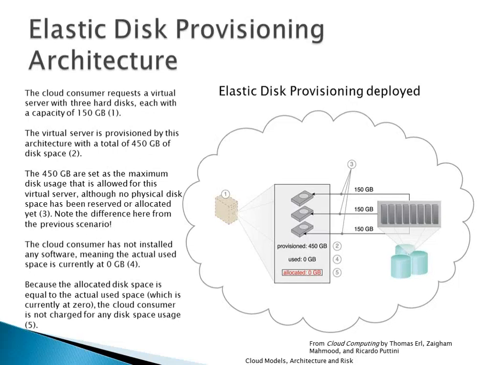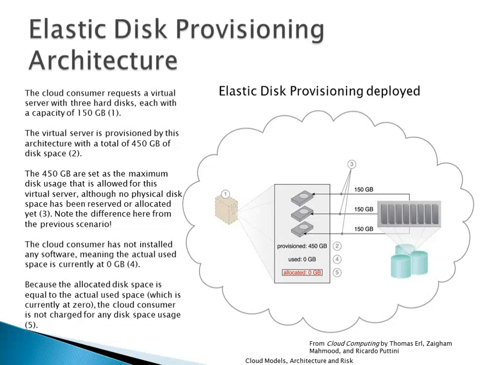If, however, you do it with elastic disk provisioning, let's look at exactly the same thing. We get a virtual server, 3 hard drives, capacity of 150 gig each, so 450 gig. We provision that. We set 450 gig as the maximum disk usage allowed for the virtual server, even though we don't actually allocate any physical disk space or reserve it at this stage.